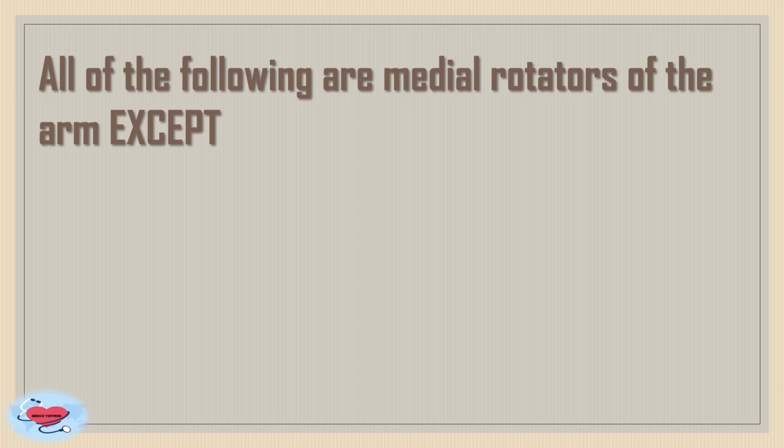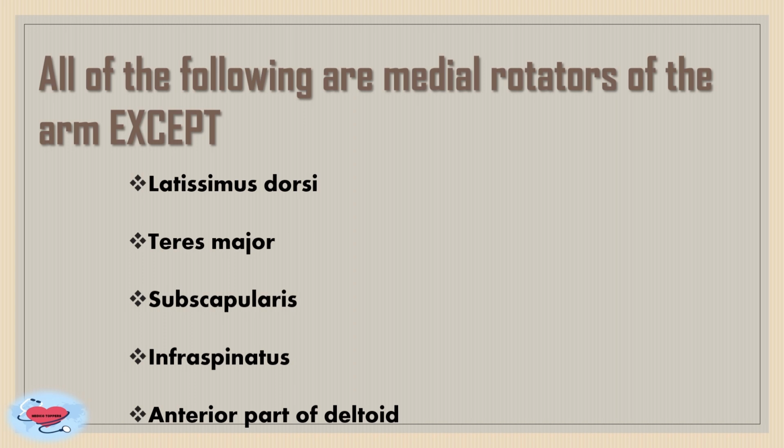Next question. All of the following are medial rotators of the arm except. Options are latissimus dorsi, teres major, subscapularis, infraspinatus, anterior part of deltoid. And the answer is infraspinatus, option D, because infraspinatus and teres minor rotate the arm laterally.